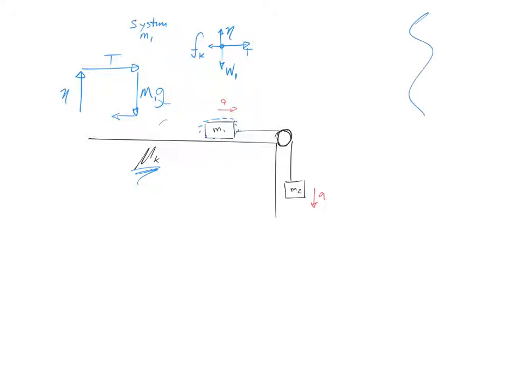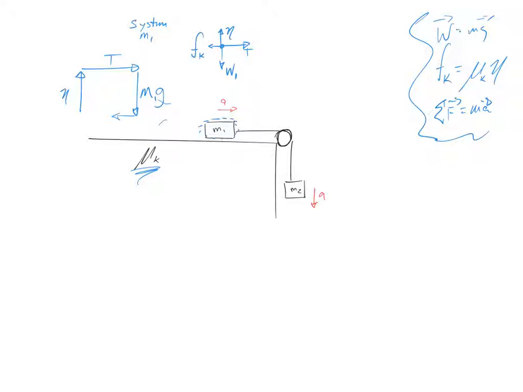So from your reference sheet, you know weight equals mg. You know kinetic friction is equal to mu times normal. Am I right? You know Newton's second law, net force is ma. It's written in a different form on your reference sheet, and weight is called Fg, but it's the same thing, right?